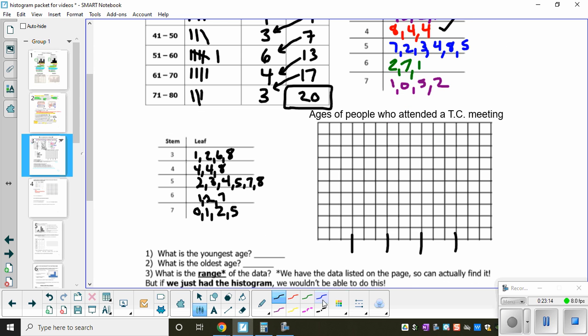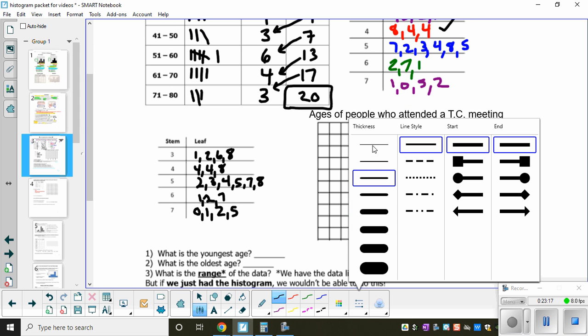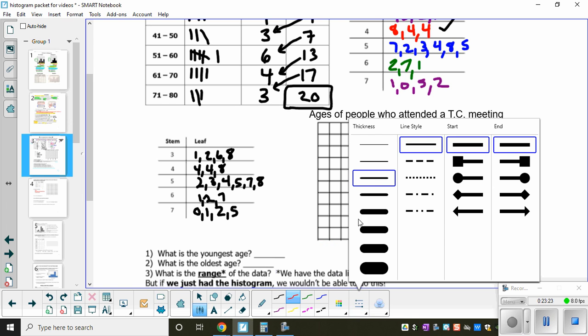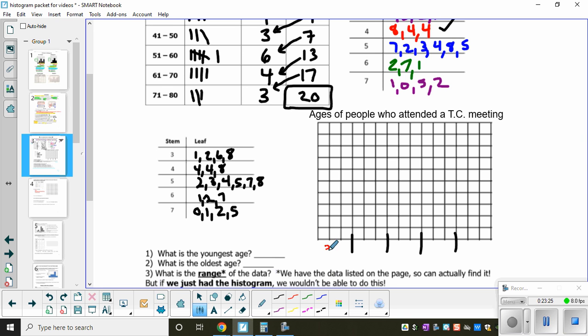We've got 31 to 40. Let me just get a little bit of a thinner pen here. So our first interval is going to be 31 to 40. Then it's going to be 41 to 50. Then 51 to 60.